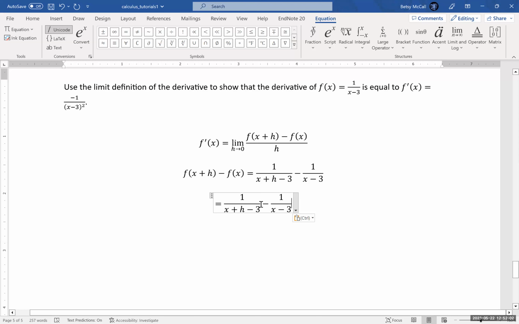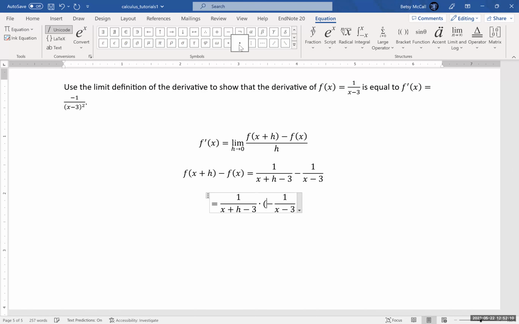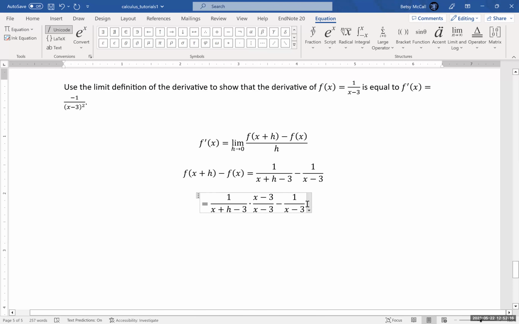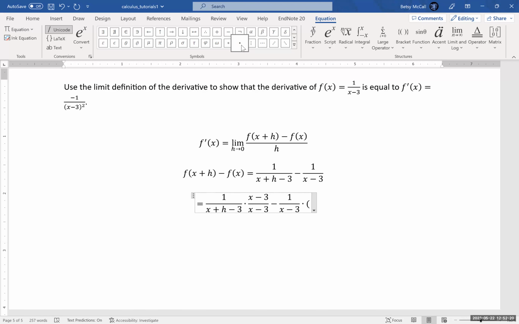And so this expression is going to get multiplied by x minus 3 over x minus 3. And this expression is going to get multiplied by x plus h minus 3 over x plus h minus 3.